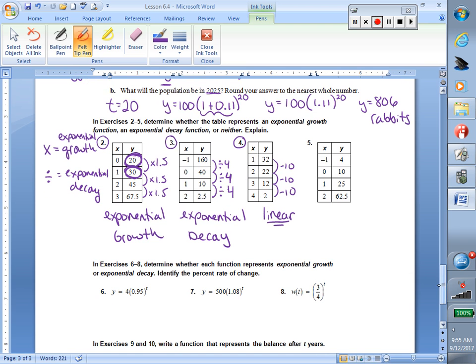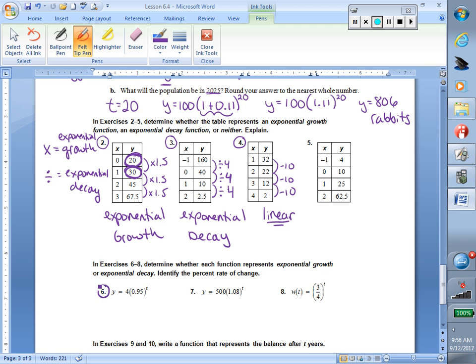The last piece I want to talk to you about is if we're already given the equation, like number 6 through 8. We're already given the equation and we want to decide if it's exponential growth or decay, and we want to figure out what's our actual rate of growth or decay.